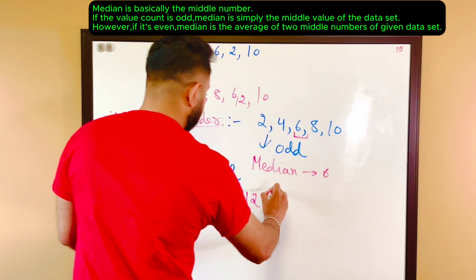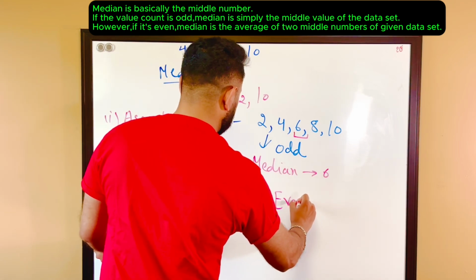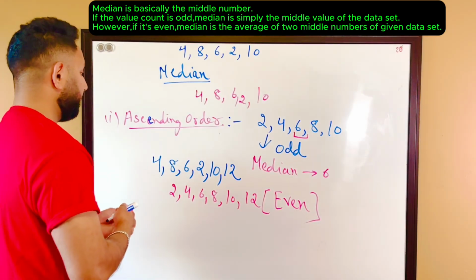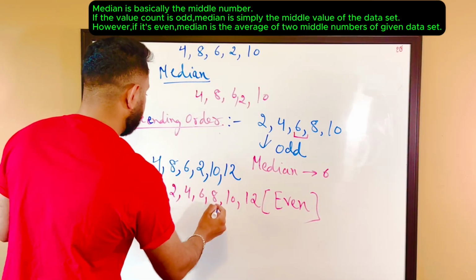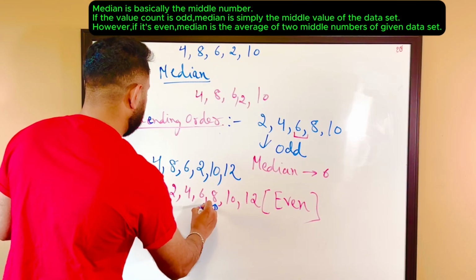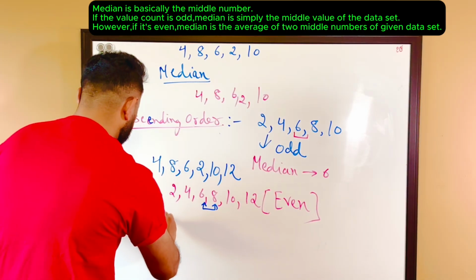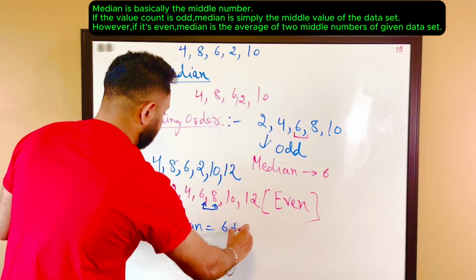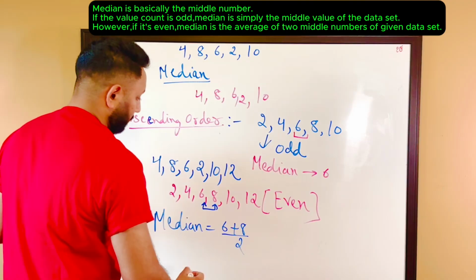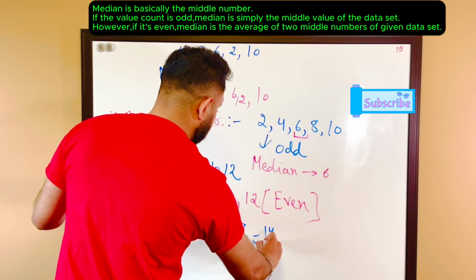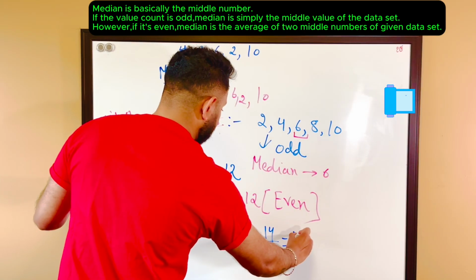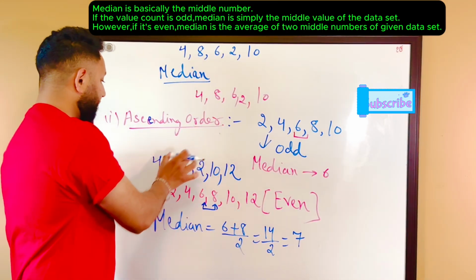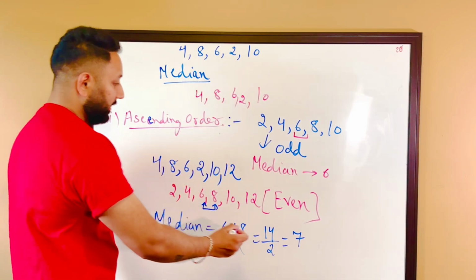As it is even, the median will be the average of two middle numbers, like the average of these two numbers, which is 6 plus 8 divided by 2. So 14 divided by 2, after division it comes out to be 7. So that means the median of this data set 4, 8, 6, 2, 10, 12 is 7.